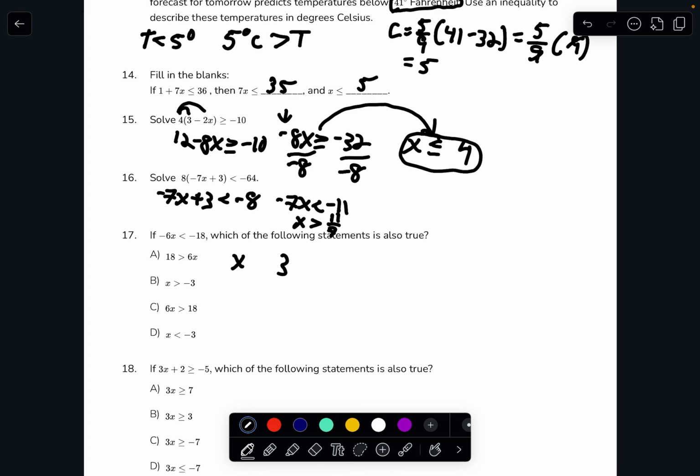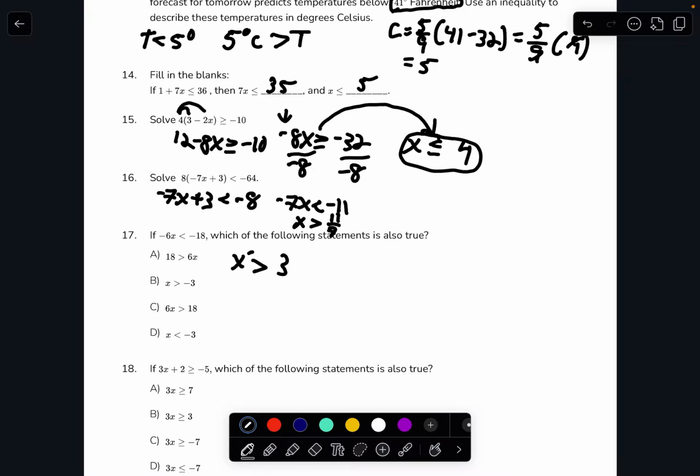So we have a 3 here, but here's the rub, or the problem. That inequality symbol was pointing to the left. Now it has to point to the right. And so the answer is x is greater than 3.